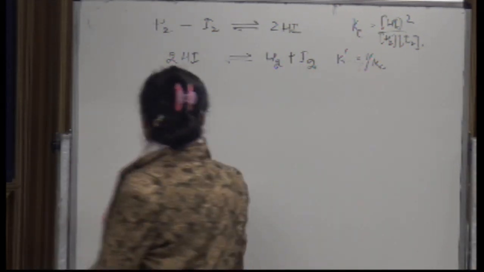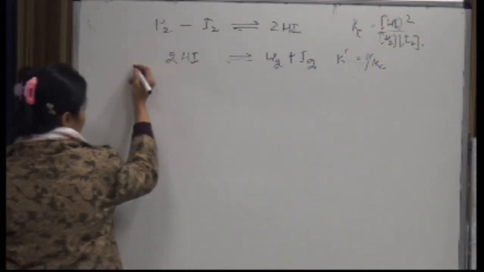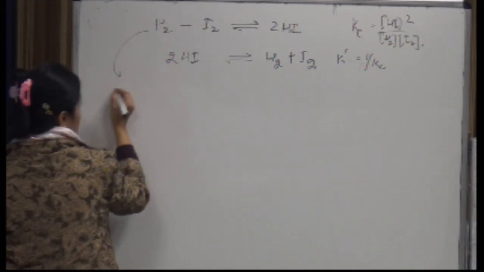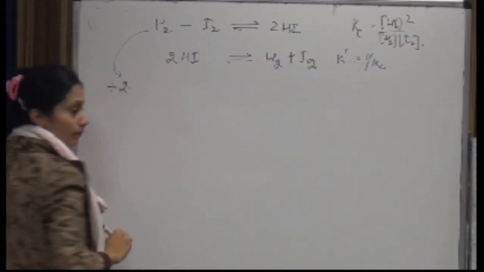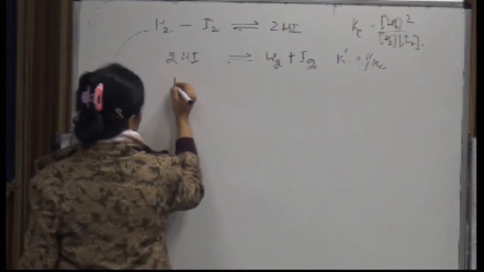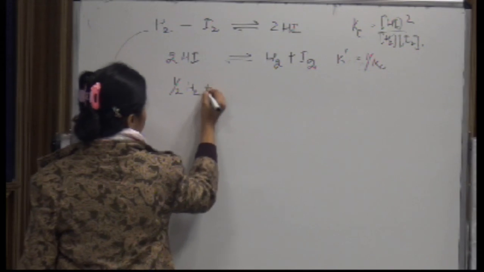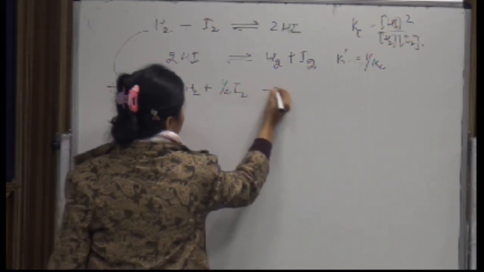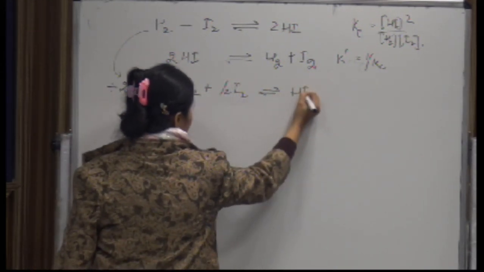Let's check it out. Let's divide this reaction by 2. Alright. So then what does it become? Half of H2 plus half of I2 gives HI. Alright.